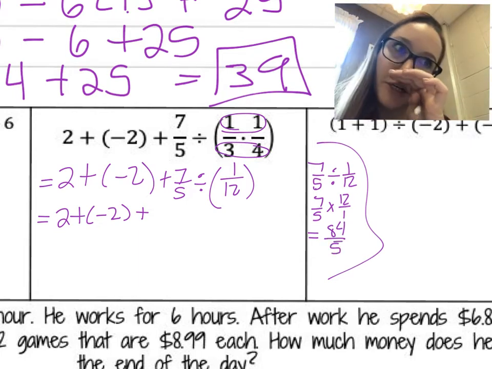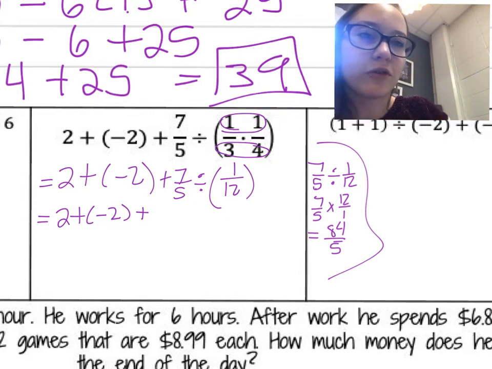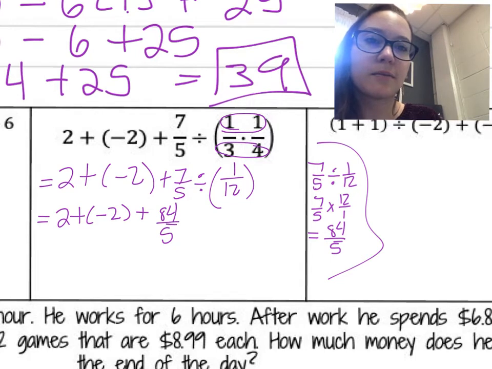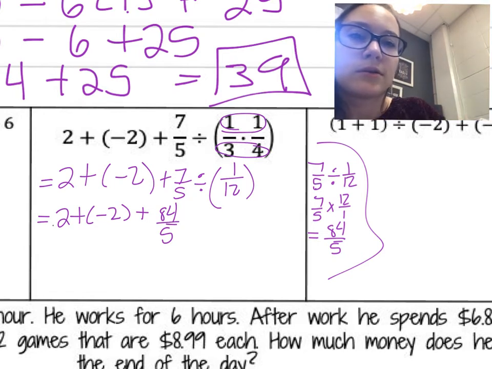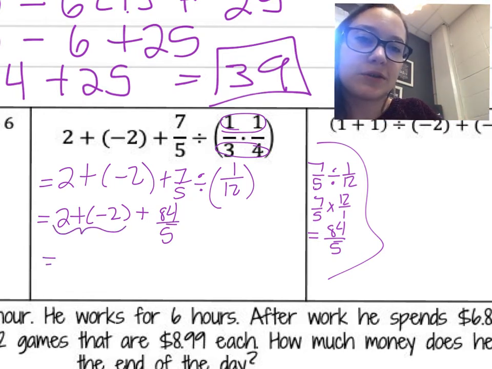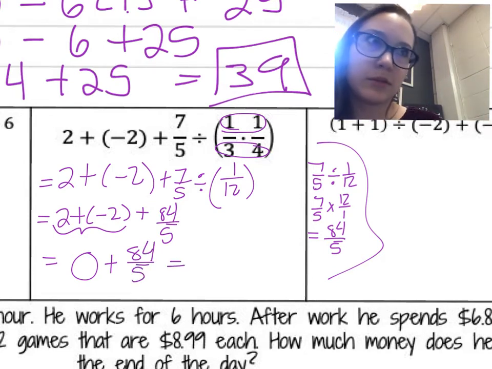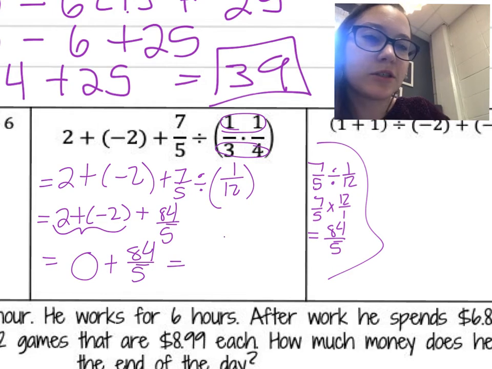Unfortunately, those guys don't share anything, so it's just going to be 84 over 5. Okay? Then I'm going to add or subtract left to right. Starting with 2 plus negative 2. Well, that's 0 plus 84 over 5. 0 plus anything stays the same, so this is just going to be 84 over 5.